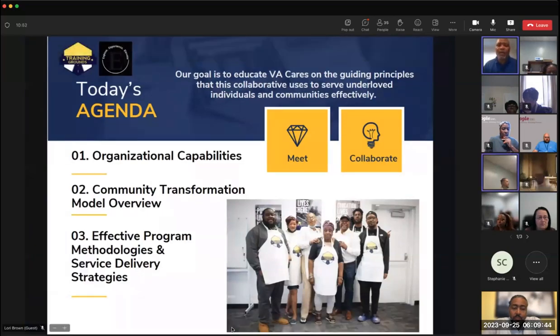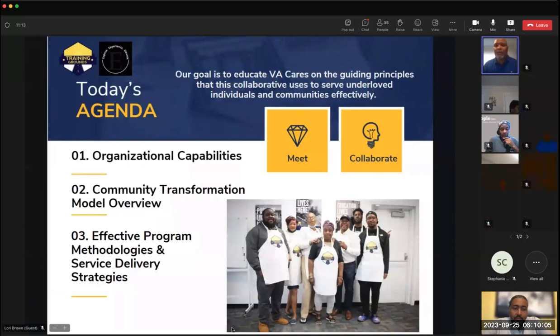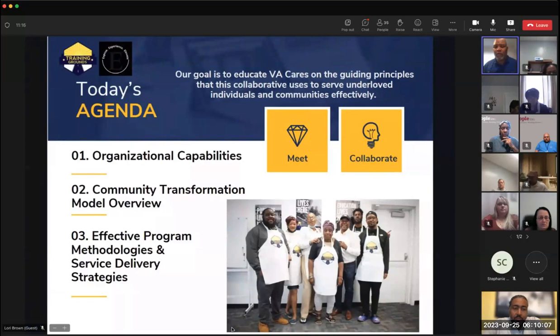Now, one of the things you should know is from its inception, Training Grounds has always had staffing and leadership roles that were made up of reentry since the very beginning. And that was sort of an informal case study by me, and that was put on my heart to show that reentry and what we call returning citizens had a lot of value if they were given the right platform, the right opportunity.